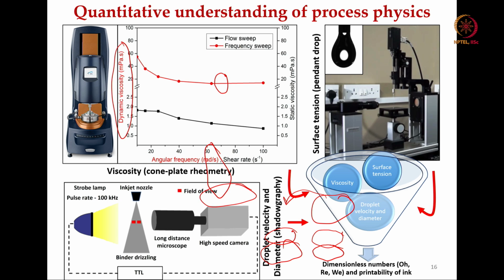We found that in the frequency sweep it shows a decrease and thereafter a very steady state value of around 20 millipascal seconds. In the case of the static viscosity with shear rate, it also shows some decrease, but it is more or less constant at 1 millipascal second. So viscosity, surface tension, droplet velocity and droplet diameter were very important measurements that we carried out.